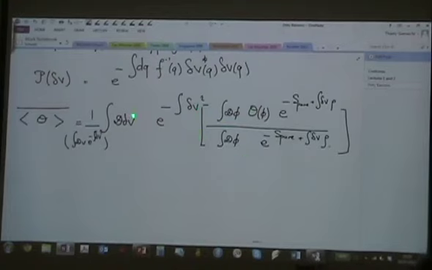Is it clear? So this is the integral dV, P of V, times the average of the operator over quantum fluctuations. And this denominator normalizes the probability distribution, because my Gaussian here is not normalized. Okay?